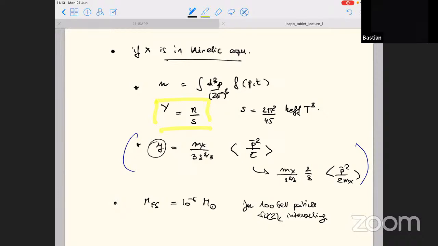Okay, and how does it change with the mass of the particle? Or does it change with the mass of the particle?